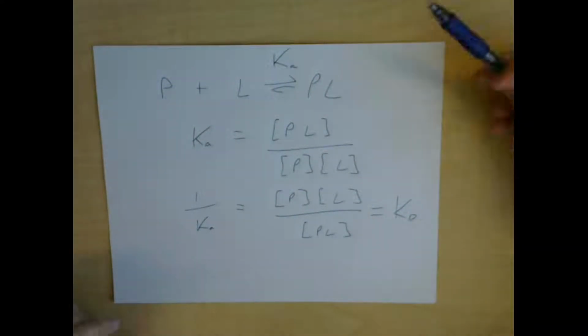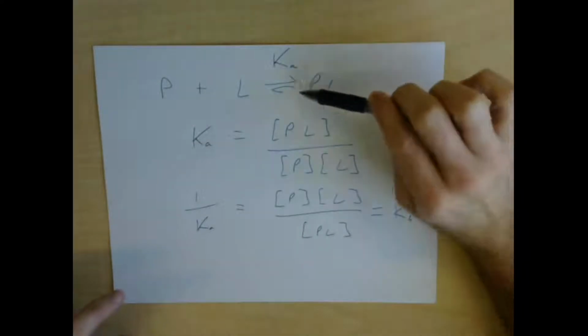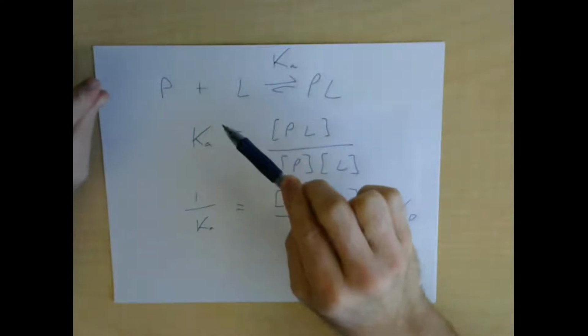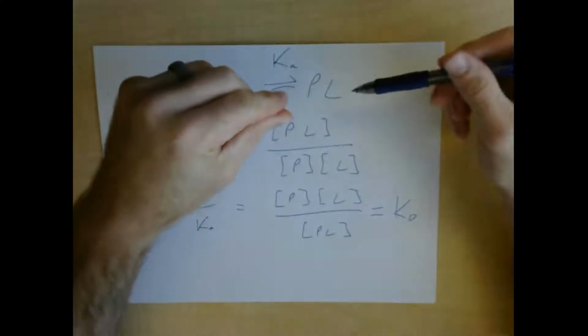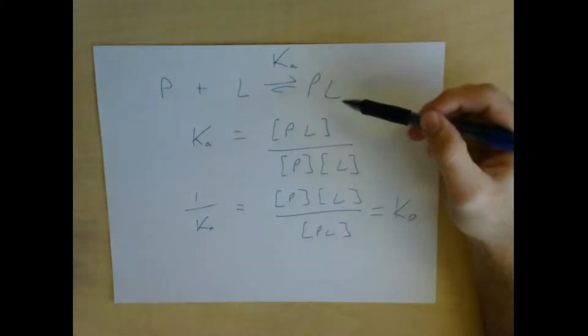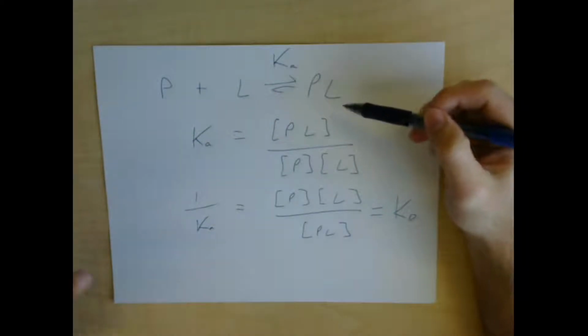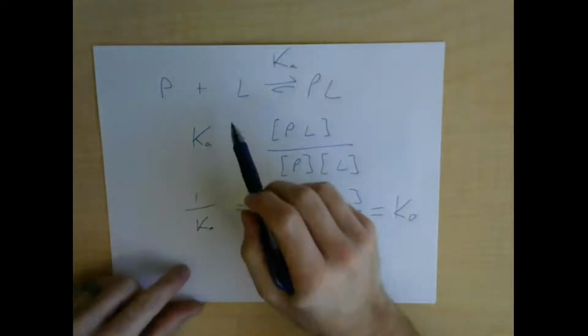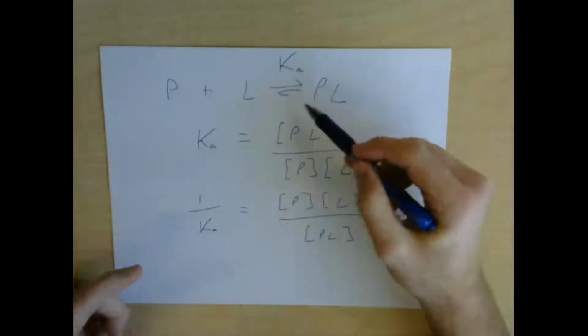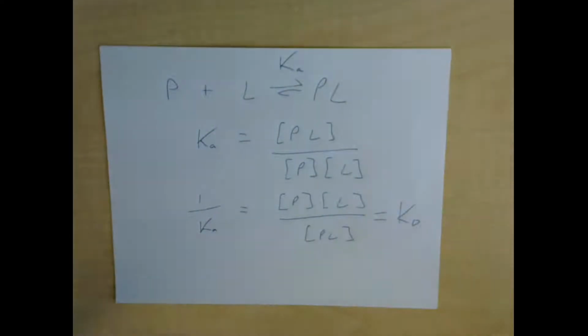It tells us how much bound complex we have versus free ligand. This is important because it is going to tell us the strength of the interaction. If more PL complex is formed here, that tells us probably that the interaction is stronger than, say, a case where you have more free ligand than you do protein-ligand complex.